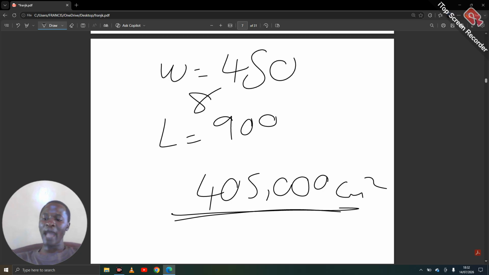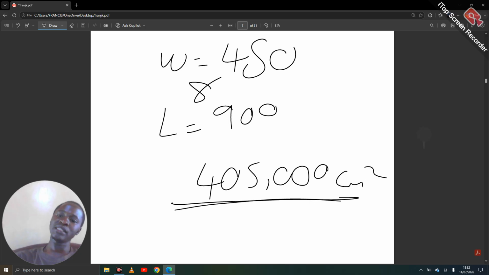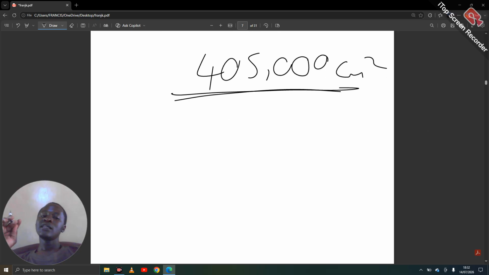So I want you to note this. To find the minimum or maximum area, or maybe dimension, first differentiate area with respect to the length, equating it to 0.